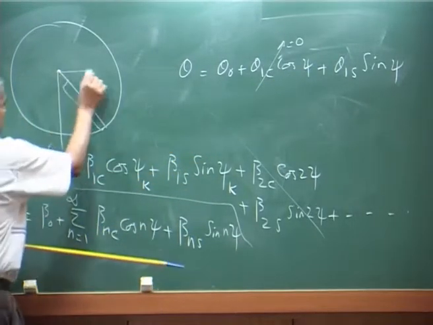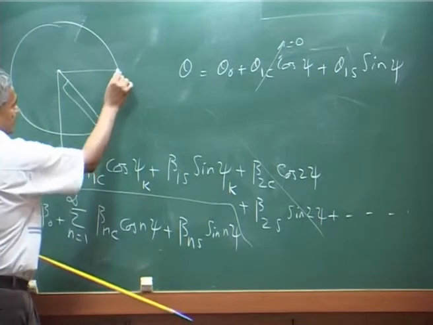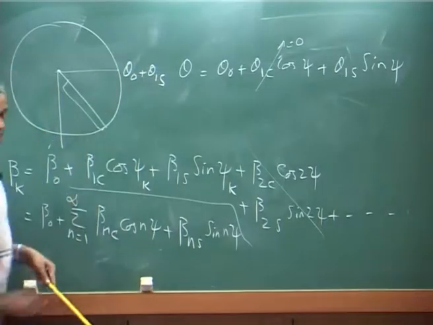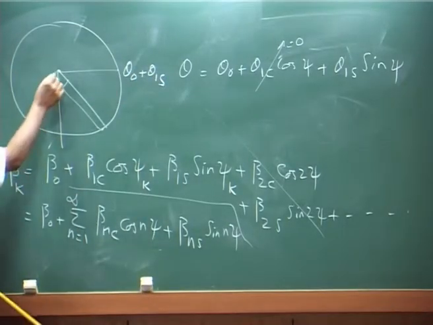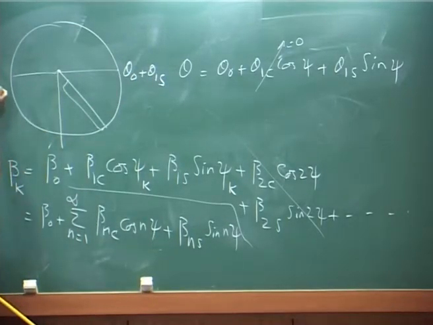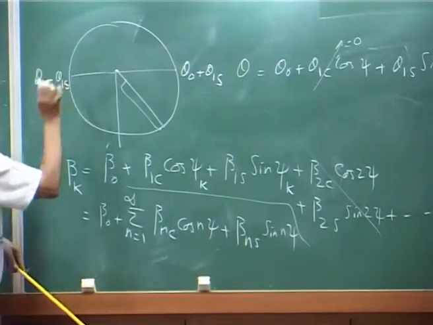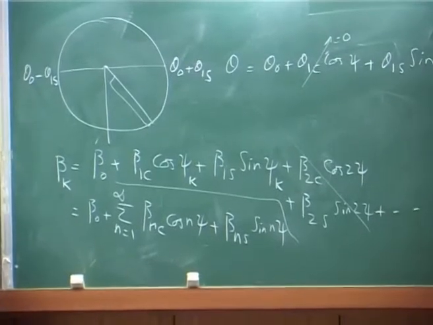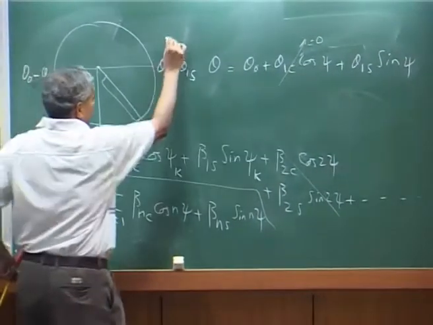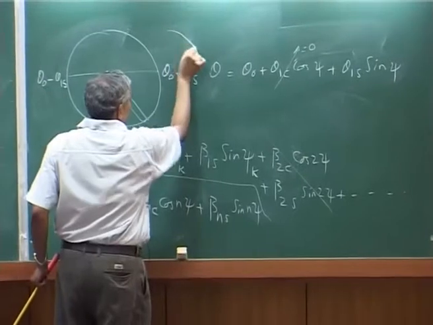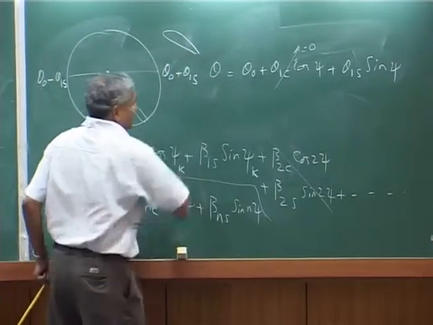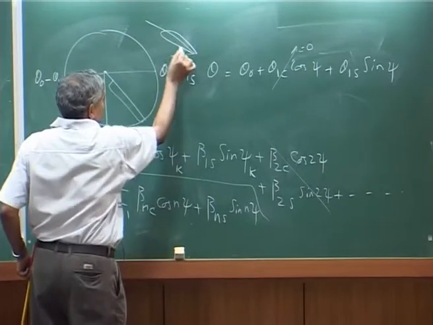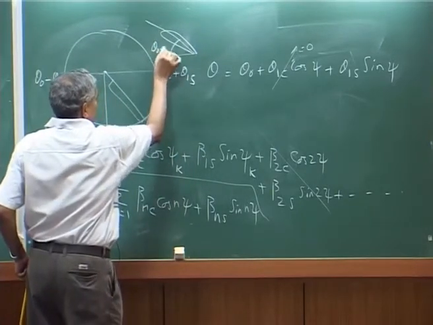When it is 90 degrees, the angle is theta naught plus theta 1s. When it is here, it is theta naught, right? That means the same airfoil, if you look here, will have a large pitch angle, which is plus theta 1s.